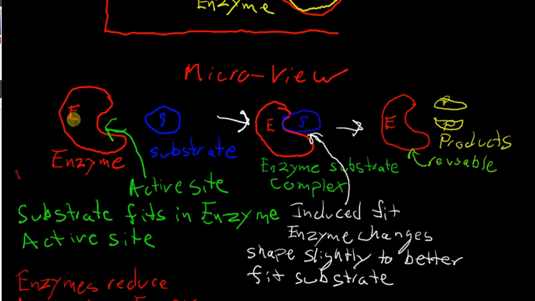It cannot be used for just anything. It can be used for one specific molecule. For example, sucrase only catalyzes sucrose hydrolysis. It doesn't work on anything else. So the substance this enzyme catalyzes is called the substrate.